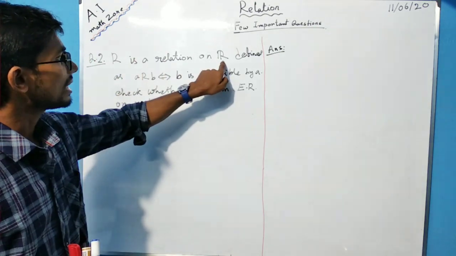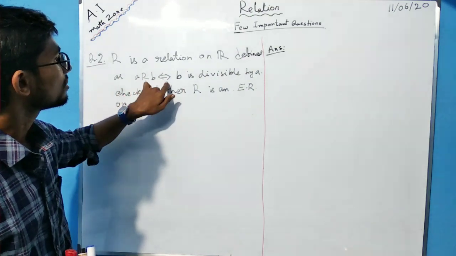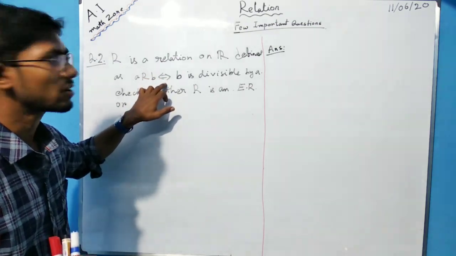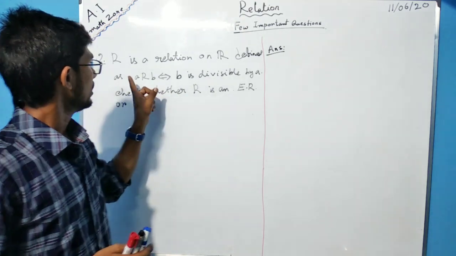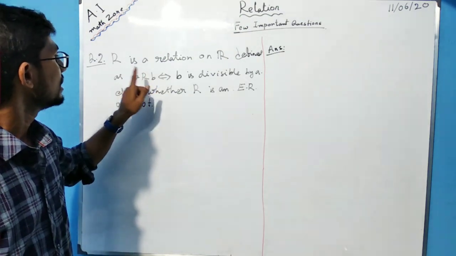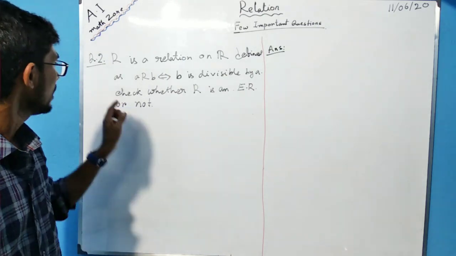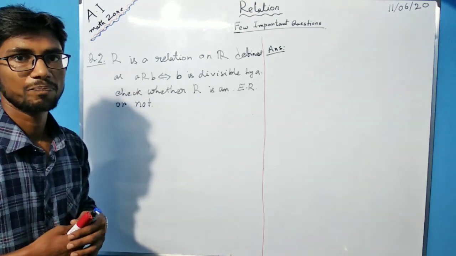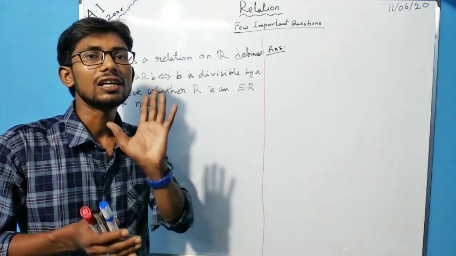So ℝ is the set of real numbers and the relation is defined as a is related to b if and only if b is divisible by a. हर एक एलिमेंट a, b के साथ रिलेट रहता है अगर सेकेंड एलिमेंट is divisible by first element, right? Check whether R is an equivalence relation or not. चेक करना है कि क्या ये रिलेशन equivalence relation है कि नहीं.